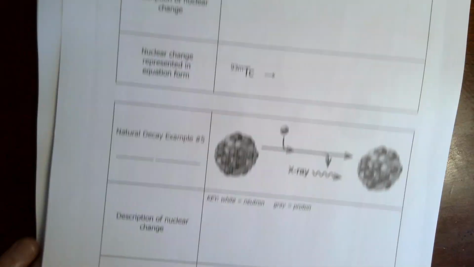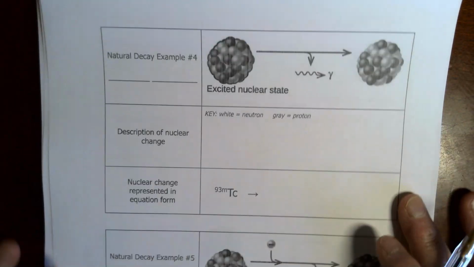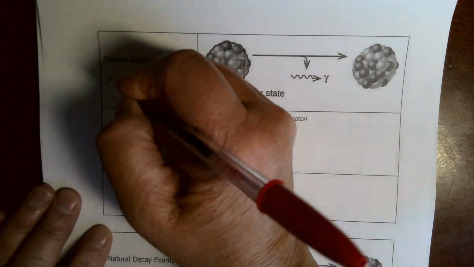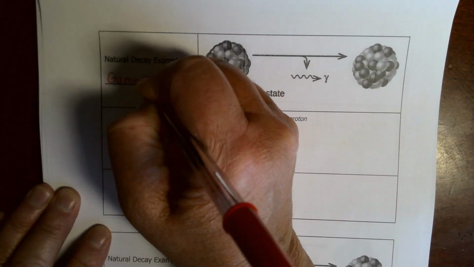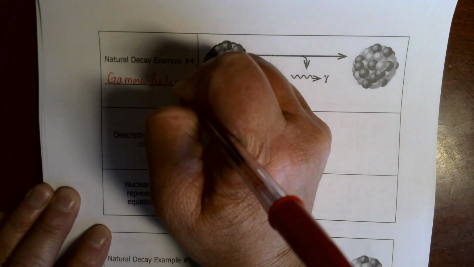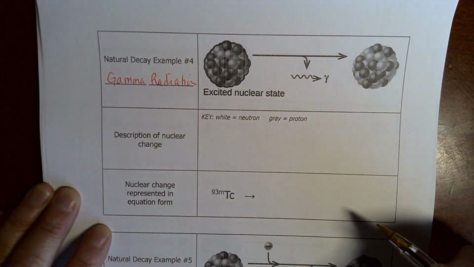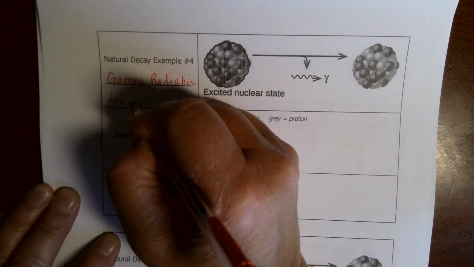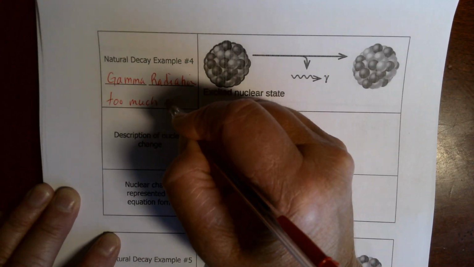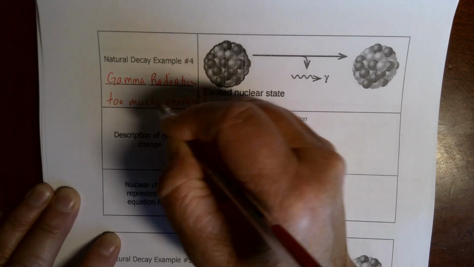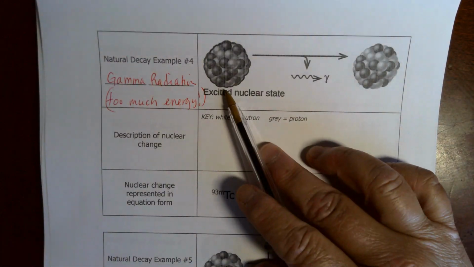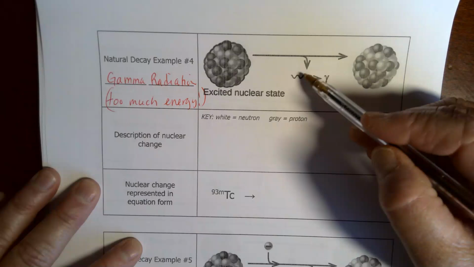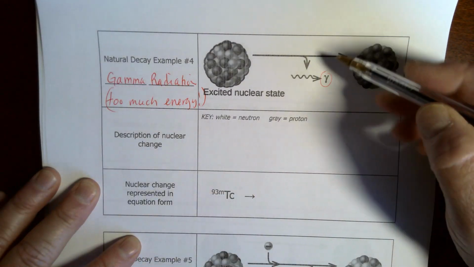All right, let's take a look at natural decay example number 4. This is what is called gamma radiation. This happens when an atom just has too much contained energy. So the nucleus is in some sort of excited nuclear state. It emits radiation in the form of gamma rays.